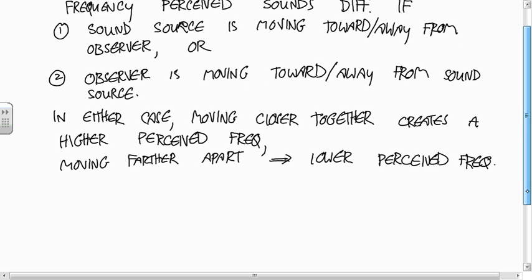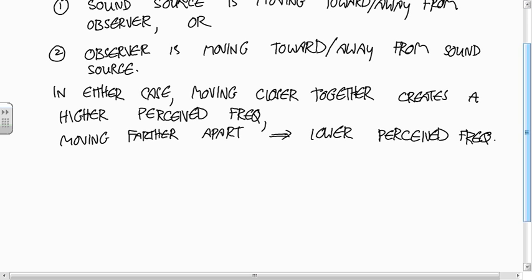And here is how you calculate that. So I'll tell you what all these variables mean, but f prime is equal to f times a big fraction. The top, the numerator, is the speed of sound plus or minus the speed of the observer.